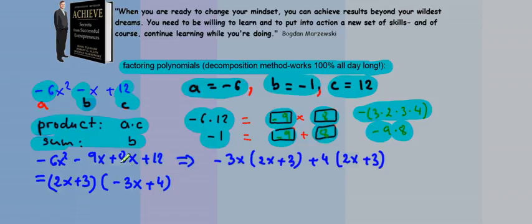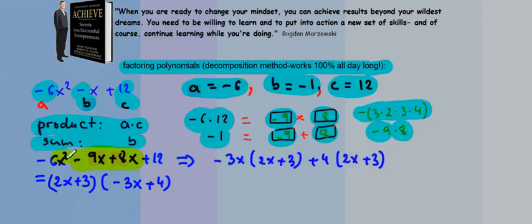So once we have established that negative x can be expressed as a sum of negative 9 and positive 8, the middle term has been decomposed. So this is why the decomposition method is called after that sort of operation.